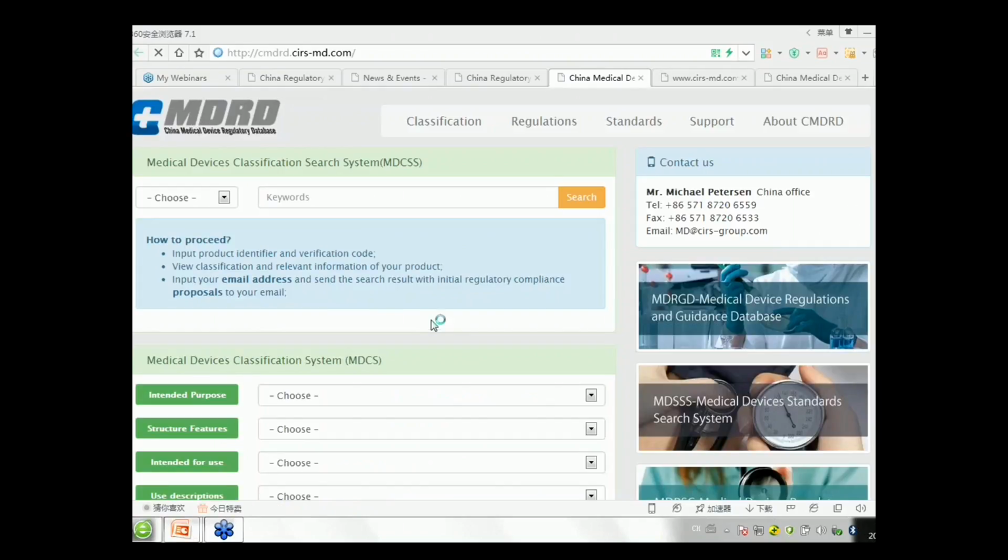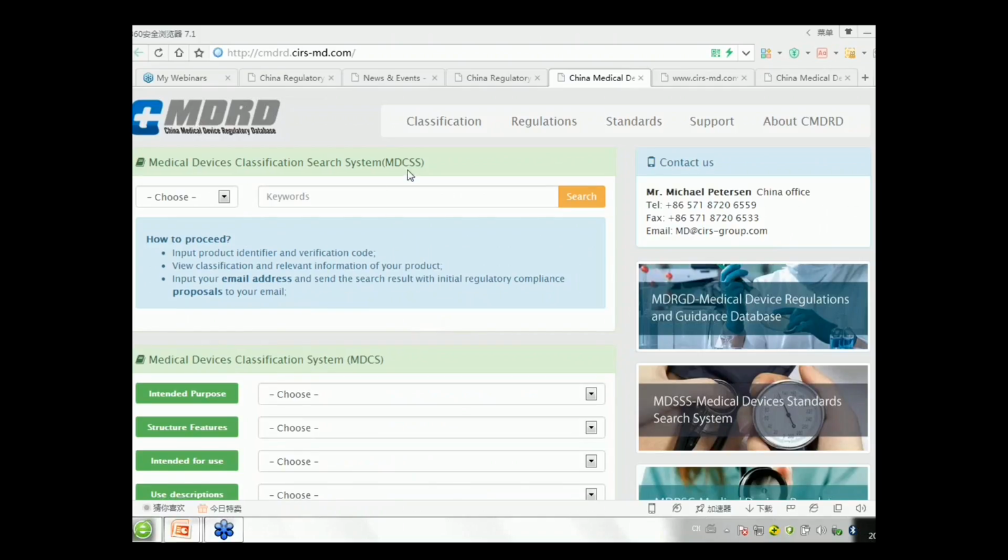Okay, here we go. First is the MDCSS and also MDCS, just as we have talked. First, we choose the category code, the category name, and the product name here. Just take an example.